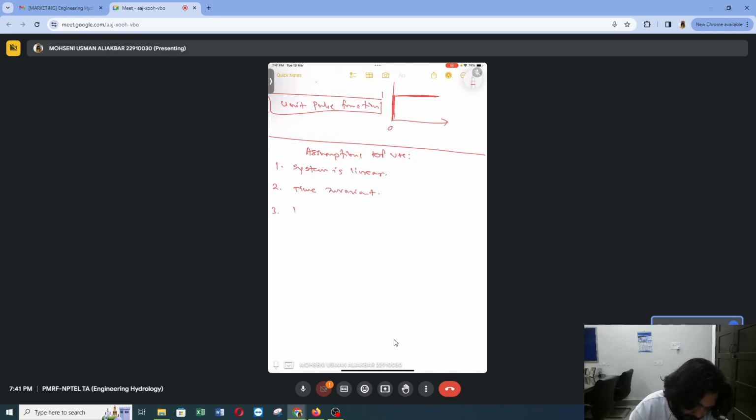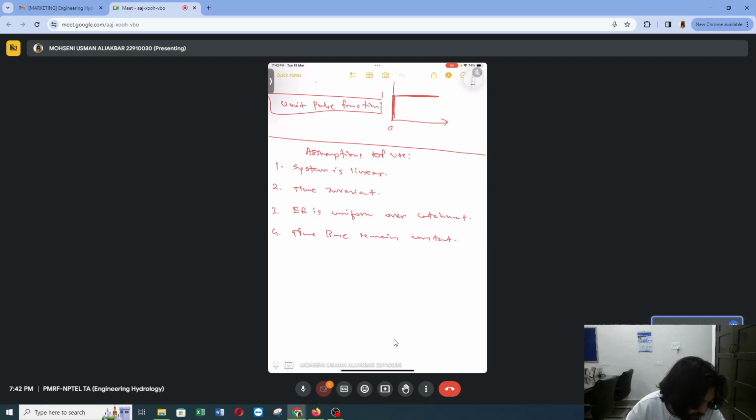The third assumption is that effective rainfall is uniform over the catchment. The fourth assumption is that the time base remains constant. The peak might change, but the time base will remain constant.